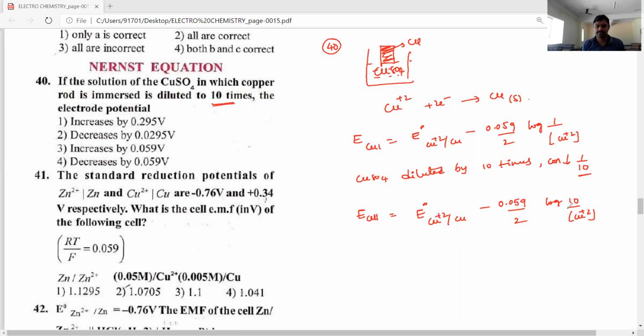Let its concentration be equal to 1. Then log 10 value is 1.